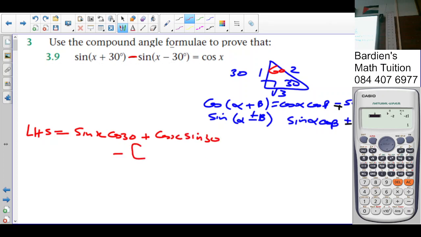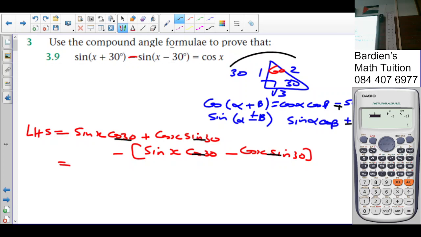Minus, that is this minus here, that will be sine x cos 30 minus cos x sine 30. Okay. So now for the 30, we refer to the diagram.